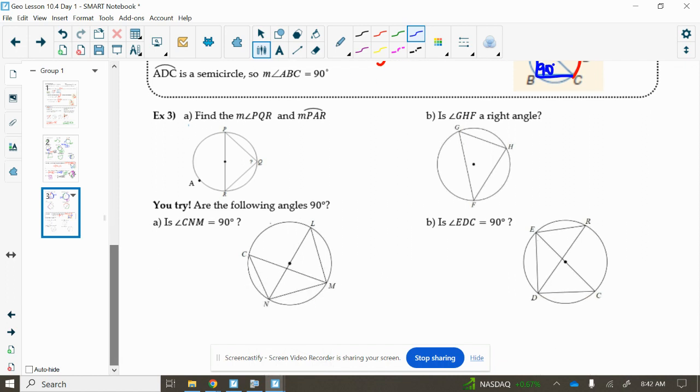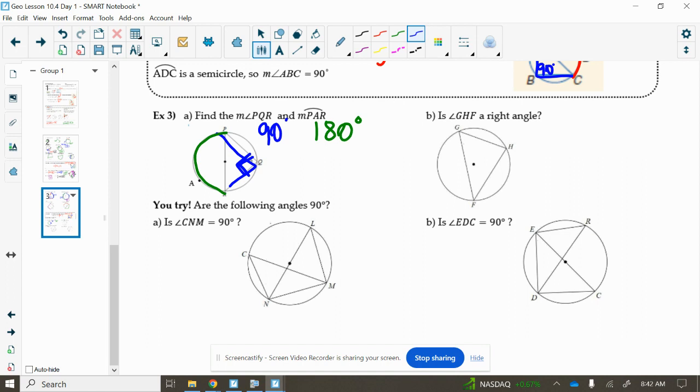So down below, if we look at this picture, we know that angle PQR is opening up onto arc PAR. So arc PAR is 180 degrees, and then this angle on the circle would have to be half of that, 90 degrees.